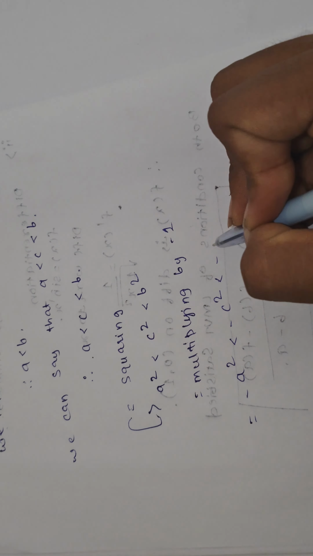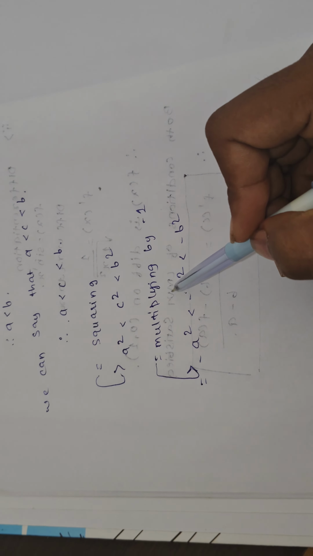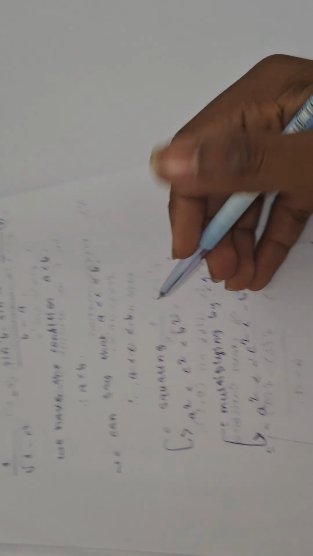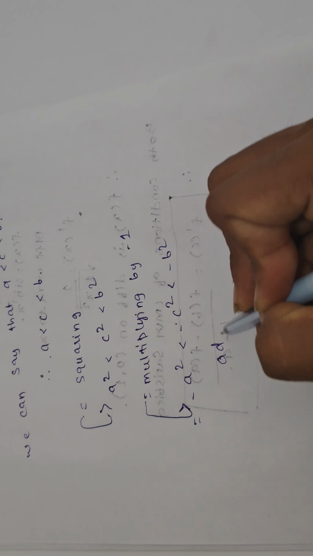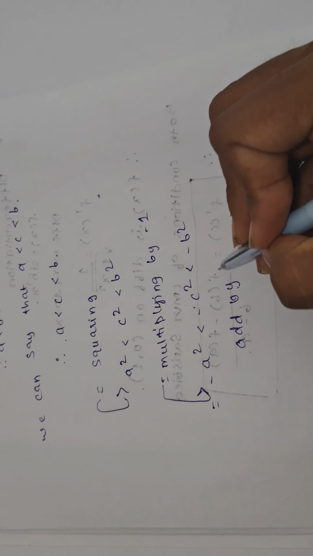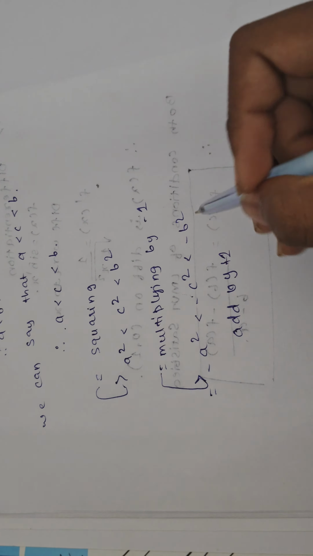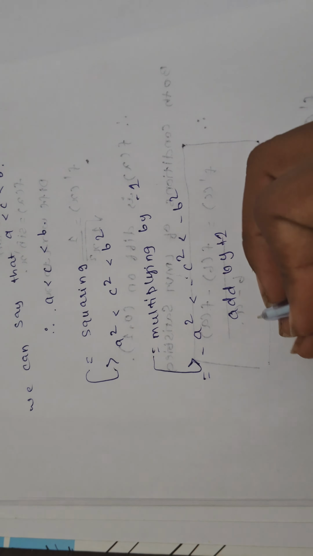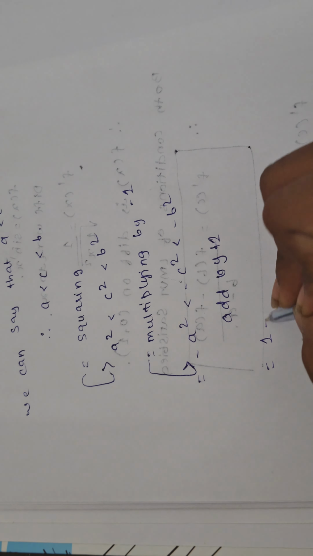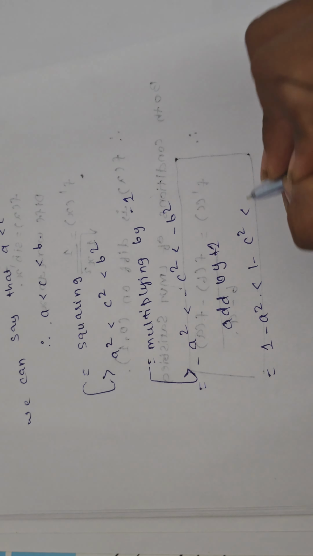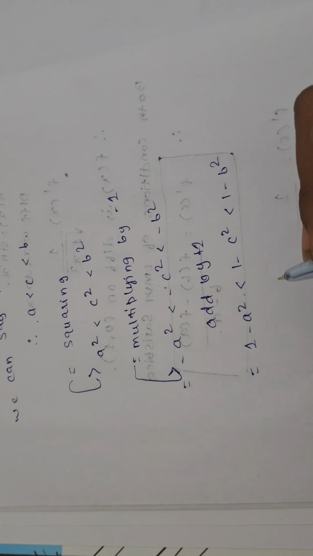Next, add 1. Let's add plus 1, and write it as 1 minus a square, 1 minus c square, 1 minus b square.